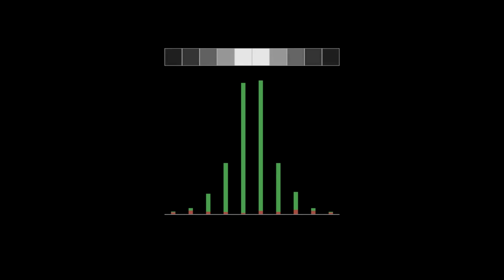I'm representing the portion of the electrical signal due to light with green bars, and the part due to sensor noise with red. Let's zoom in on our noise a little to get a closer look. This noise has a lower bound, an upper bound, and an average level.